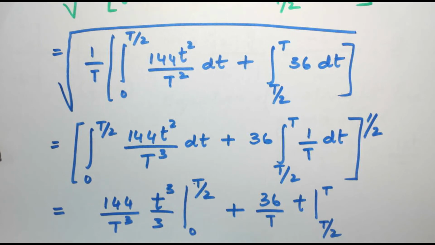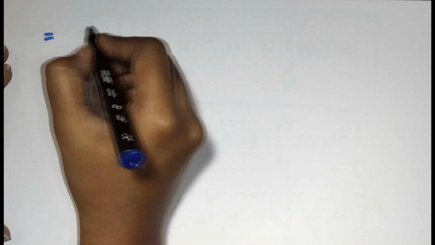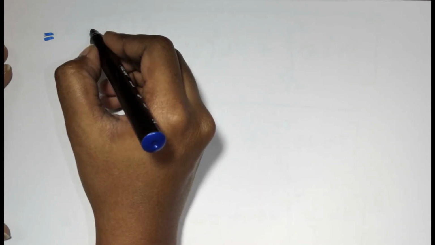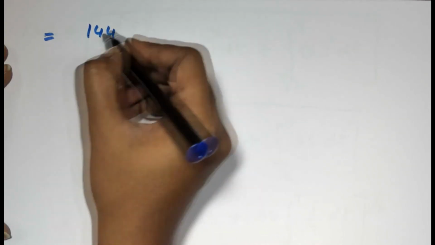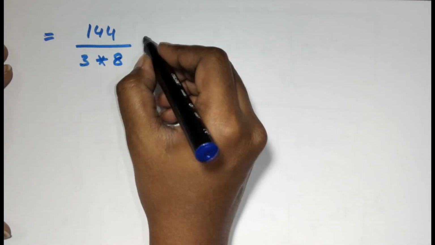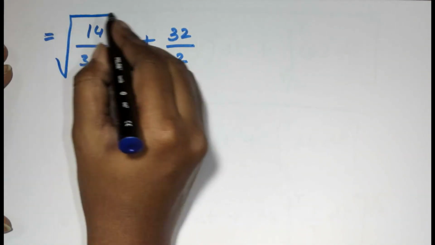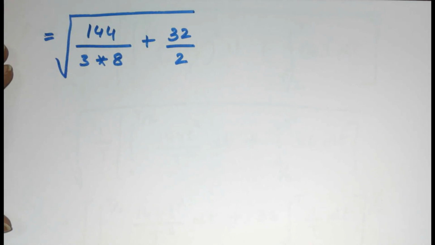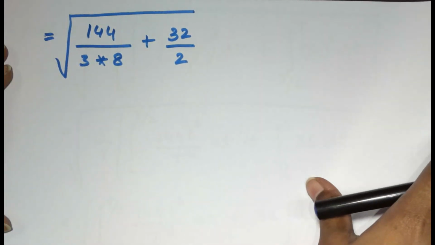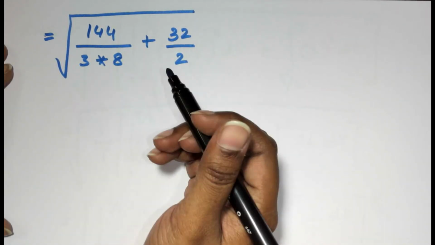Now let's solve this further by applying the limits. We will now have 144 by 3 times 8 plus 36 by 2, under root. So what we have in the previous step over here, we just substitute and then the T's cancel out really. I'll leave that step to you.